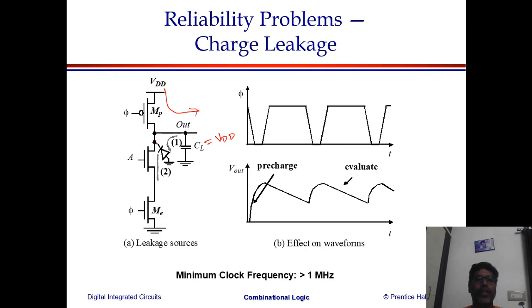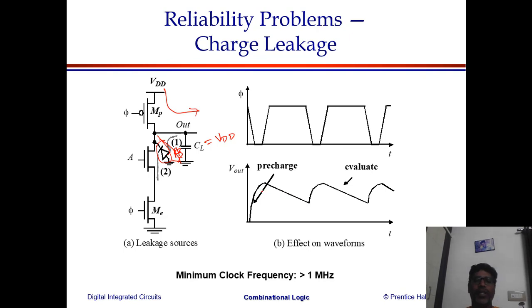Why? At this end, you could see there is nothing but a reverse-biased diode. This is P and this is N and the bulk is P. So it's something like a parasitic diode, and this parasitic diode has been connected to VDD, that is the output node, which means this diode is reverse biased. When a diode is reverse biased, you get a reverse bias current flowing through that network. That's how you get this.